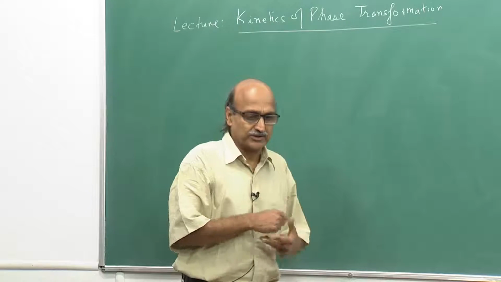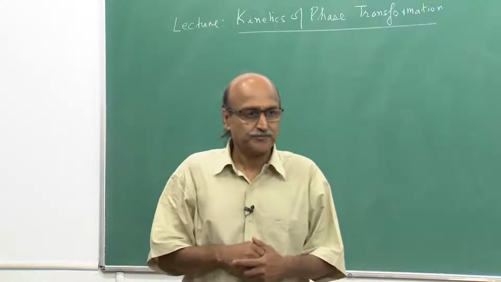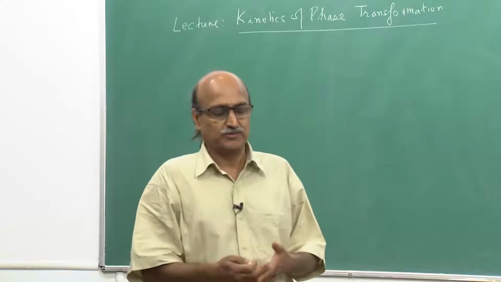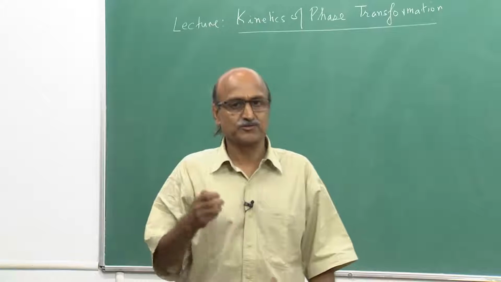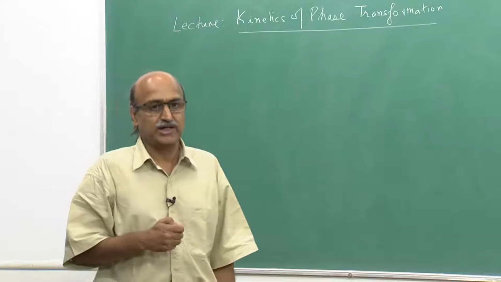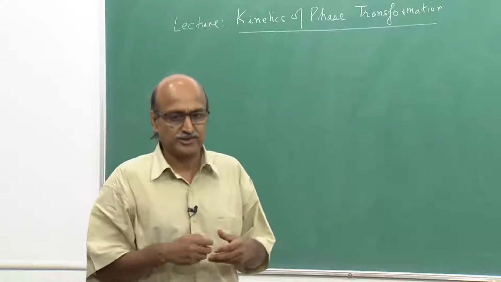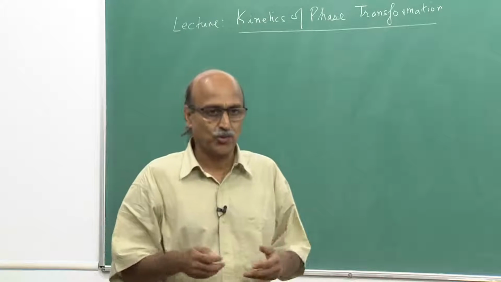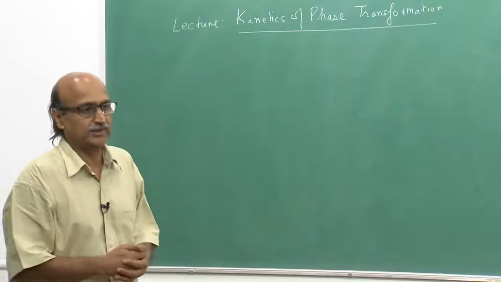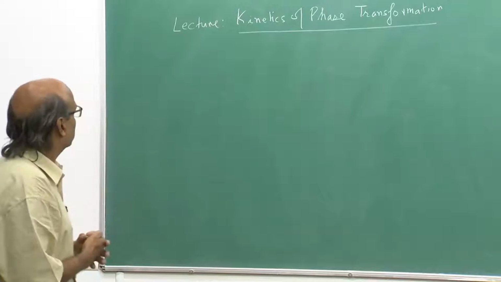In your earlier lectures by Professor Mandal, he had talked about phase transformation starting with first nucleation, and once a critical size nuclei forms, it can grow and eventually the bulk phase transformation takes place.